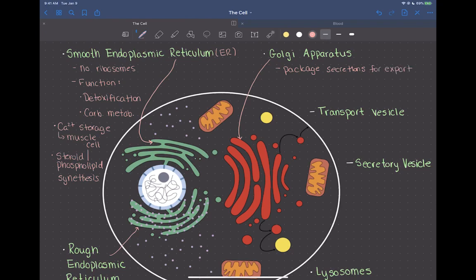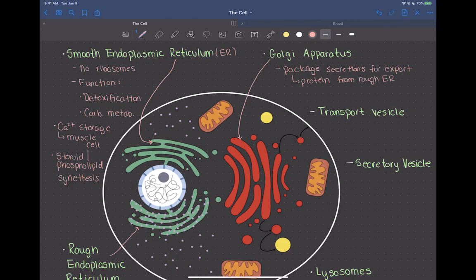An example of this would be a protein made in the rough ER, right? So a protein from the rough ER.